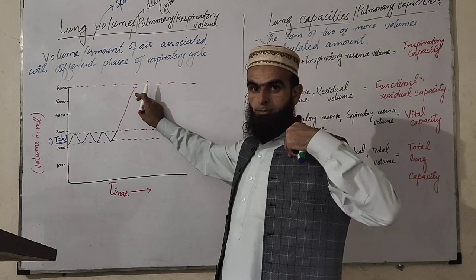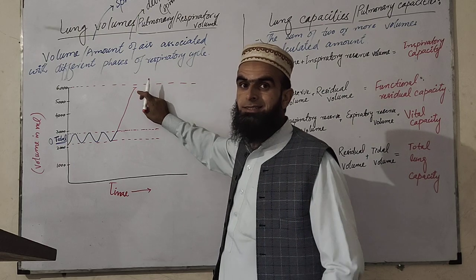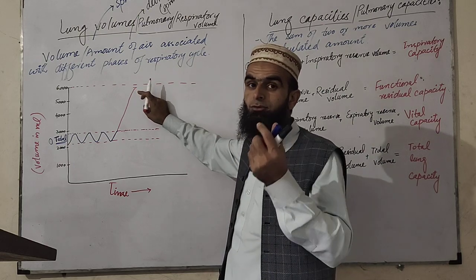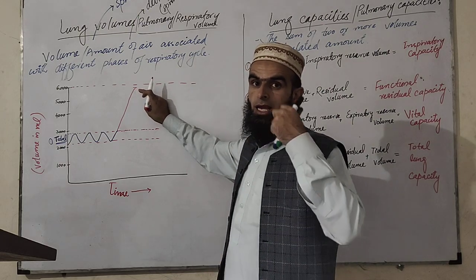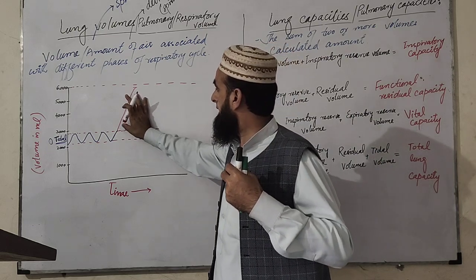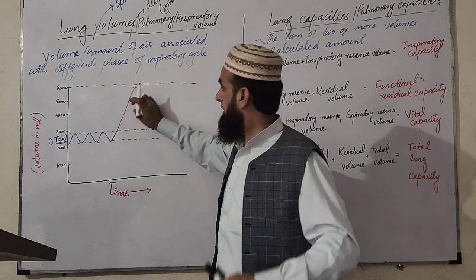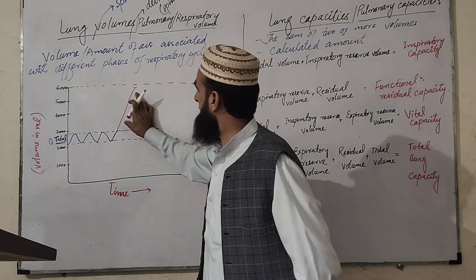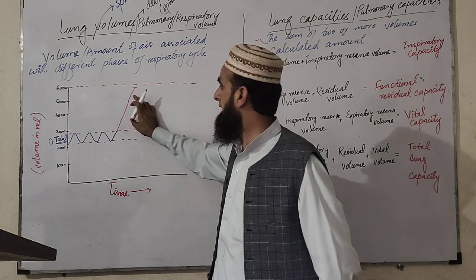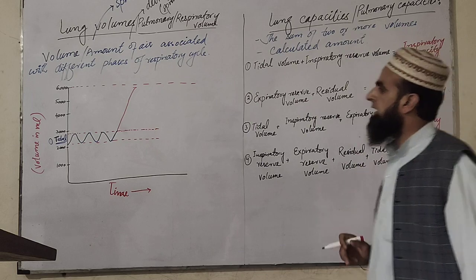During a deep breath, this extra amount of air is a reserve volume of air during inspiration, and a reserved volume of air is inhaled. Therefore, this amount of air is called inspiratory reserve volume.